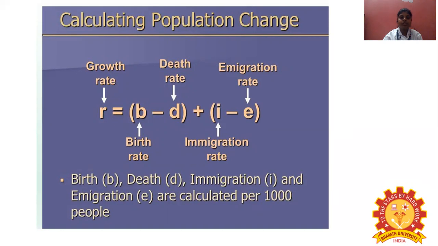D denotes death rate. I means immigration rate. E denotes emigration rate. Birth, death, immigration, and emigration are calculated per 1,000 people.